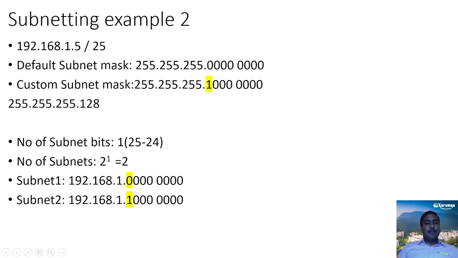So this might be coming around 127 if I'm right. And the next subnet address starts with 192.168.1.1 followed by zeros, I think this should be 192.168.1.128. So this is the network address for the second subnet. Likewise you will be able to calculate for each subnet.